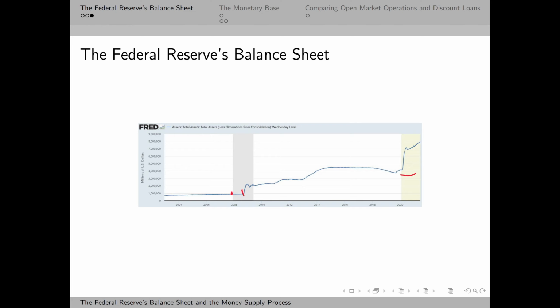So this is all talking about when they purchased commercial paper, etc. That is how their assets bloomed so quickly in 2020.